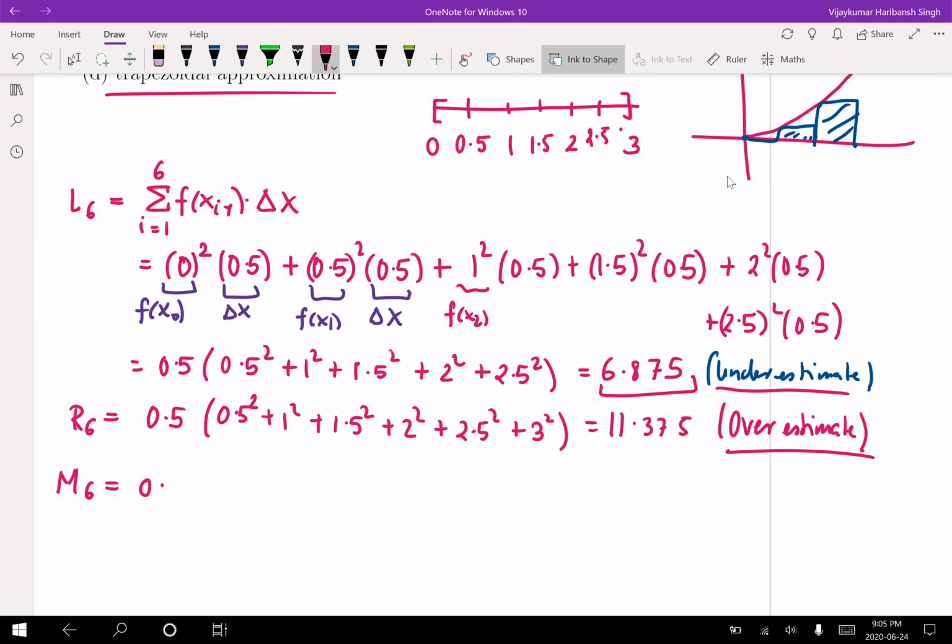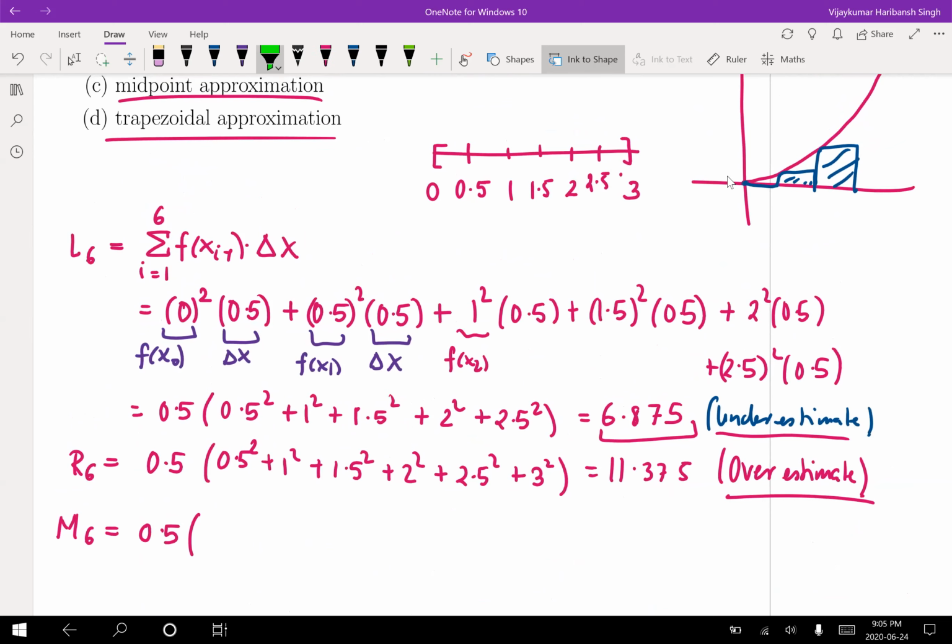So M6 has delta x 0.5 again. Now you need to take the midpoint of each subinterval. The midpoint of the first is 0.25 squared. The midpoint of the next is 0.75 squared. Then 1.25 squared, then 1.75 squared, 2.25 squared, and the last one is 2.75 squared.